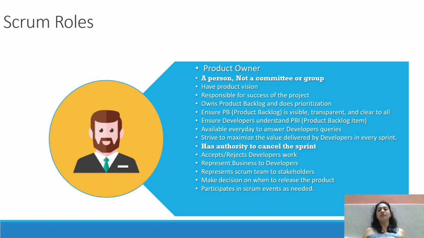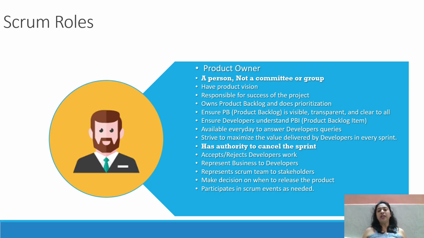He ensures the product backlog is visible, transparent, and clear to all, meaning the Scrum Master, developers, and also the stakeholders. He ensures developers understand each and every product backlog item. This is the responsibility of the product owner. Only after that will they estimate, with help in product backlog refinement, and start the actual development process through the Scrum sprints.